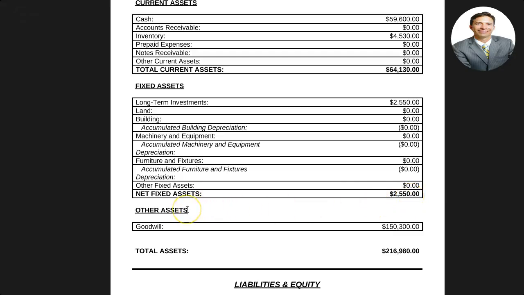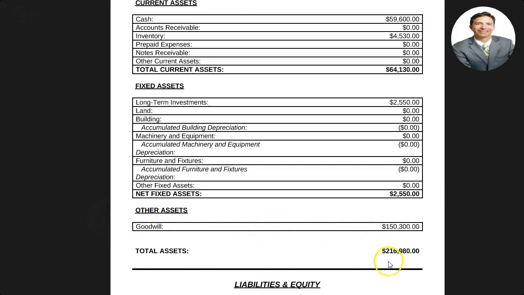In terms of goodwill, goodwill is what you believe your business is worth. So in this case, we're assuming that the goodwill is 150,300. So if you have a list of 1,000 customers or clients, and you believe those 1,000 clients have a potential profit of over 150,000, then this is where you would put that, and that's why it's called goodwill.